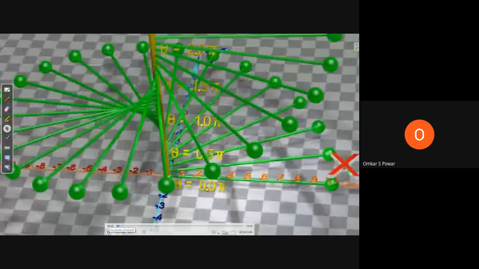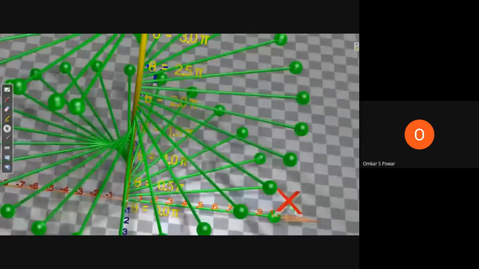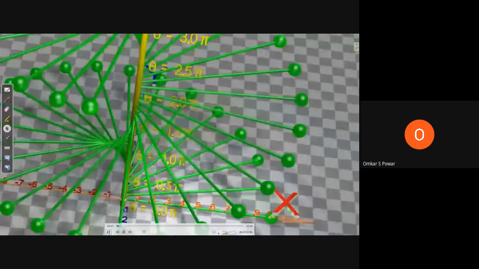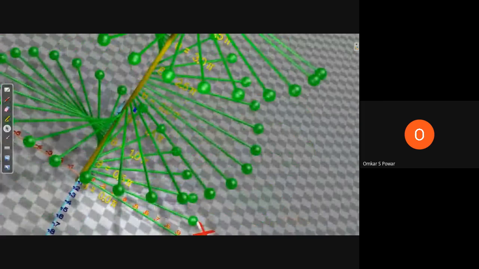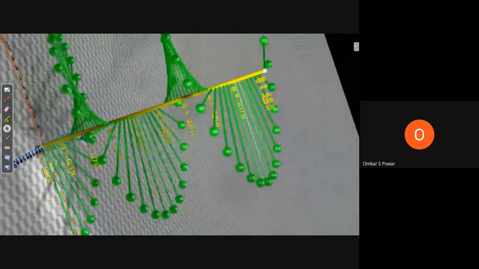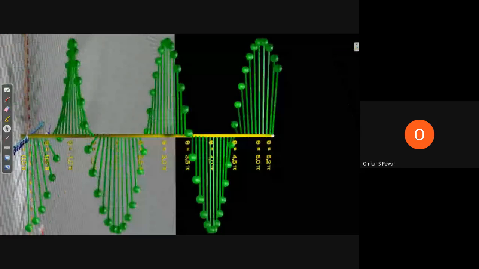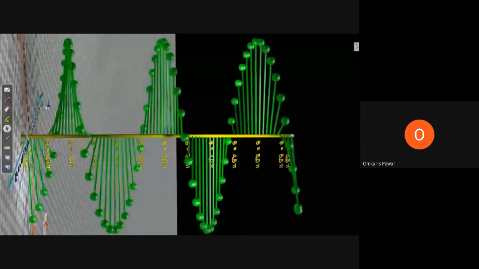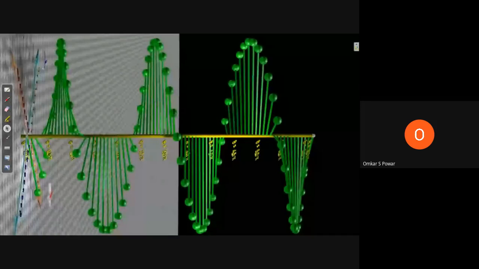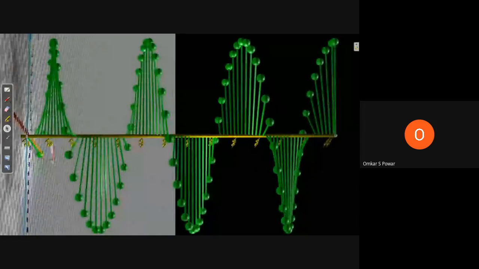So your x coordinate represents the cosine of theta. Your y coordinate represents the sine of theta. So see, how can you see this sine wave visually? So this angle ranges from minus infinity to plus infinity.